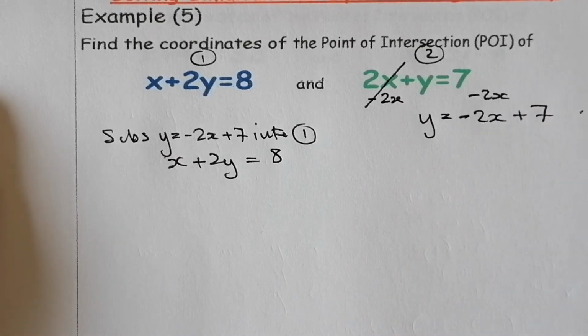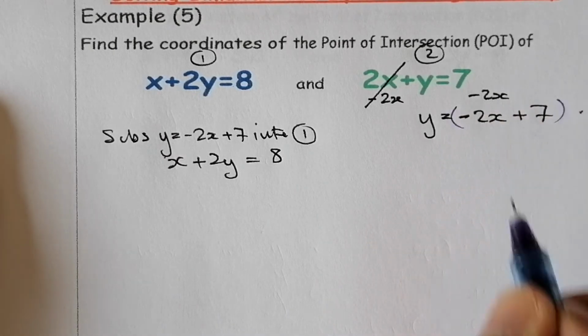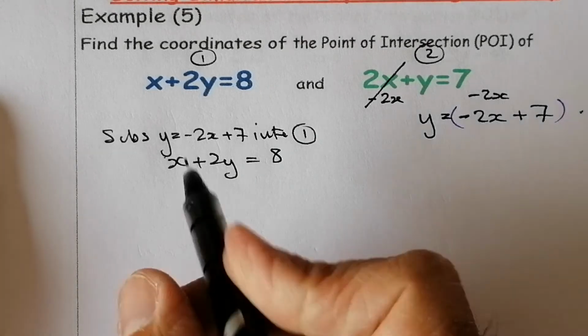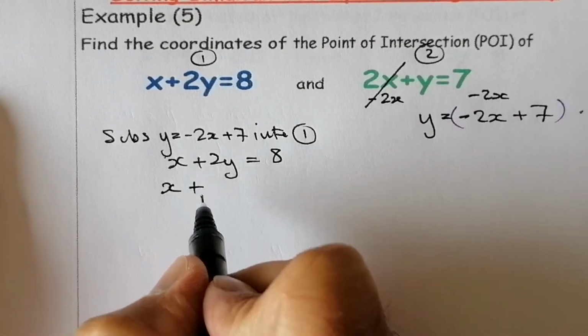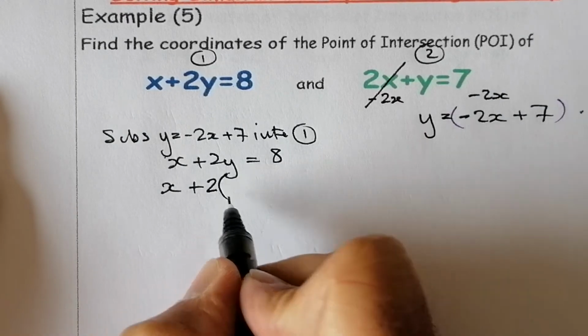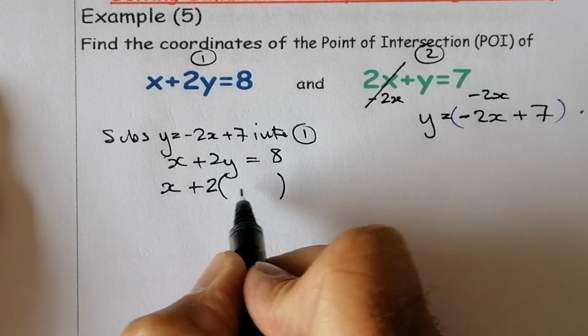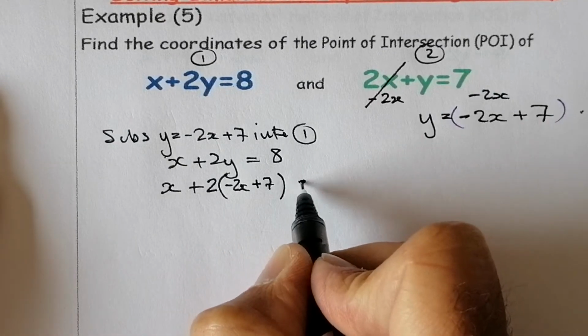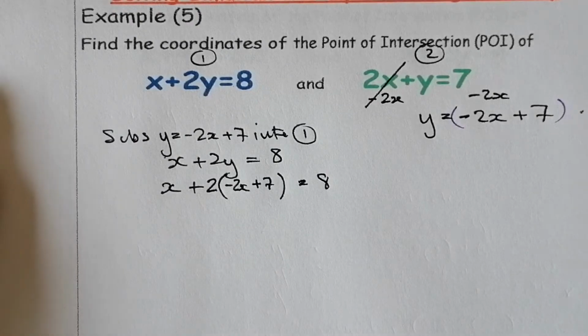So I'm thinking of this thing that I'm putting in a bracket, into where y is here. Okay, so I've got x plus, so that makes it a bit easier with that plus sign that's there. It's a 2 that's there, and instead of y, what I'm writing in is minus 2x plus 7. And that all equals 8.